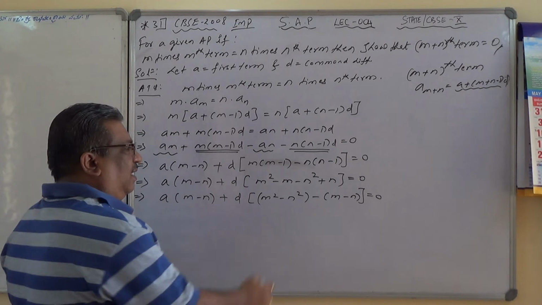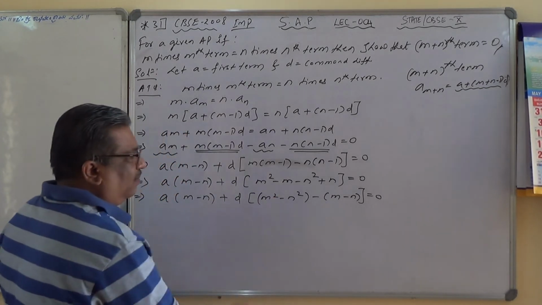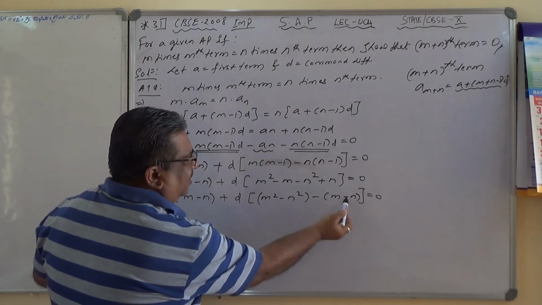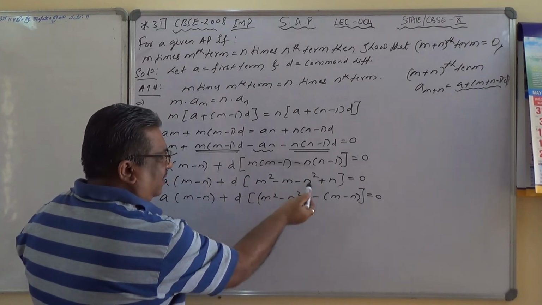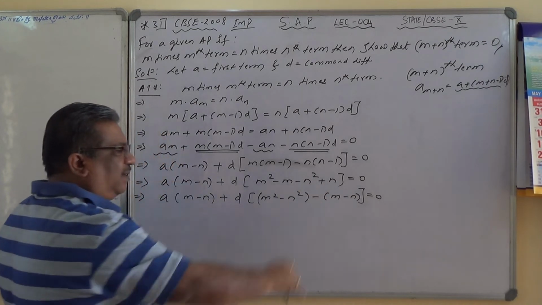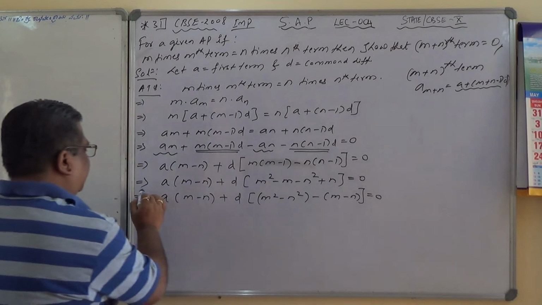What I did actually, I took minus m out, therefore it becomes minus m plus n. Now look here, minus into m is minus m, minus of minus is plus n, m square minus n square. So m square minus n square minus m plus n. So both are same.